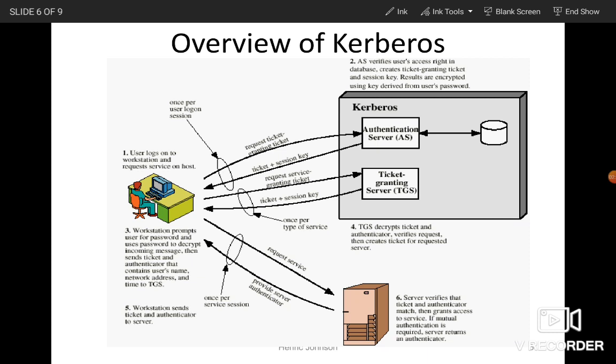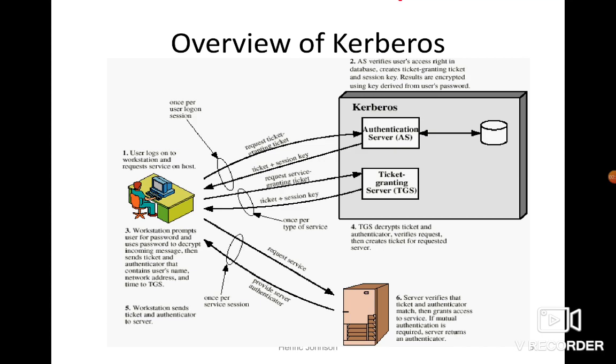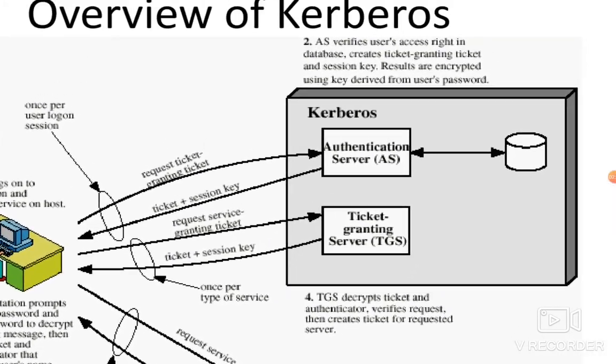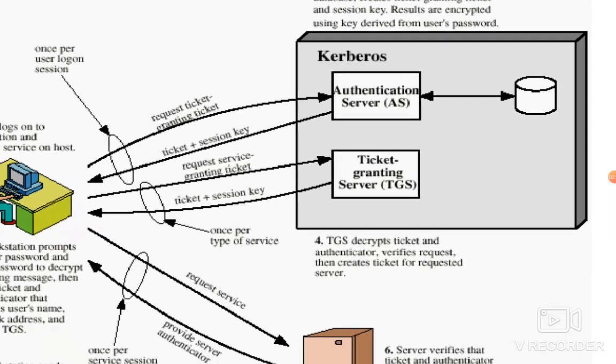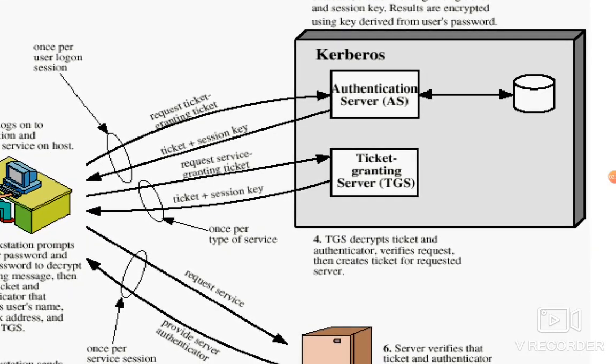After getting the authentication server ticket, the user logs on to a ticket granting server, and from the ticket granting server he or she can get a server ticket. By using the server ticket, he can approach a server. So these are the three major steps. If the user wants to get the service from the server, initially he has to send a request to the authentication server.